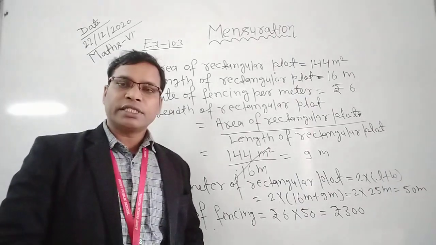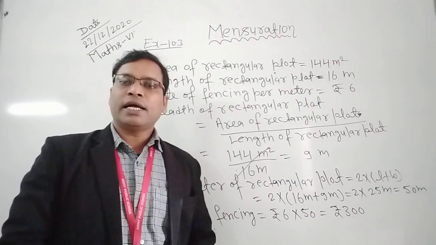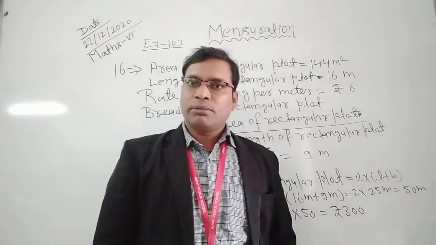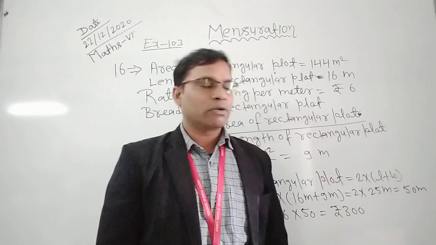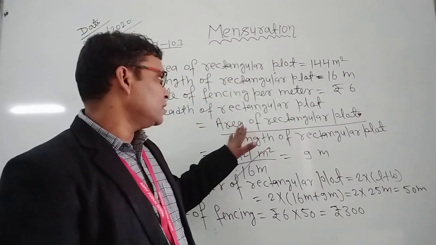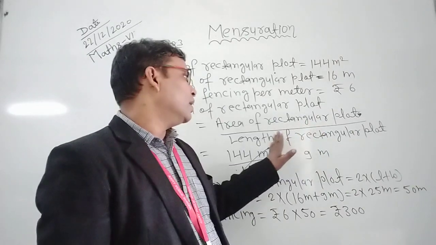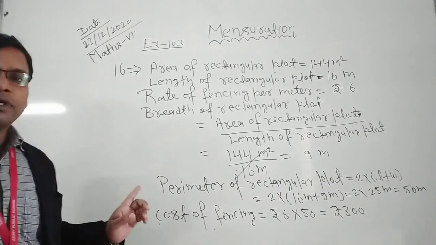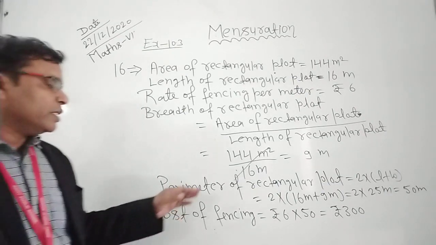In this question, the area of rectangular plot is given and the length is also given. So first we find the breadth of the rectangular plot. You can see here breadth of the rectangular plot is area of rectangular plot by length of the rectangular plot. Area of rectangular plot is given here 144 meter square by 16 meter.